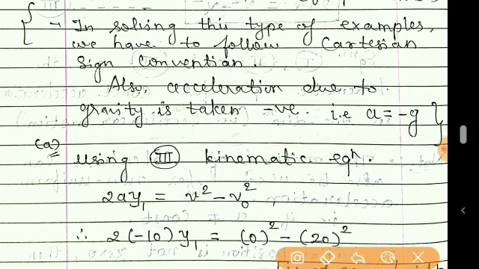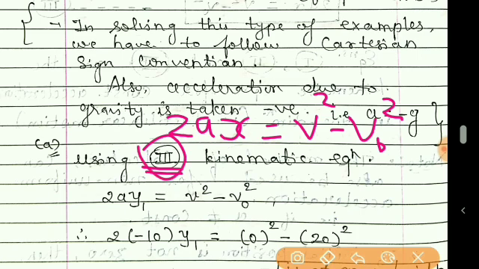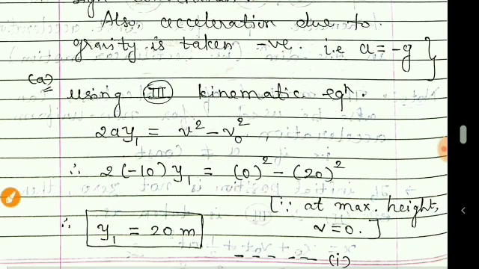So we have that equation number 3, 2ax is equal to v square minus v naught square. But here displacement is in terms of y1, so in place of x we use y1. Rest of the things are as they are. Now next, just put the values.